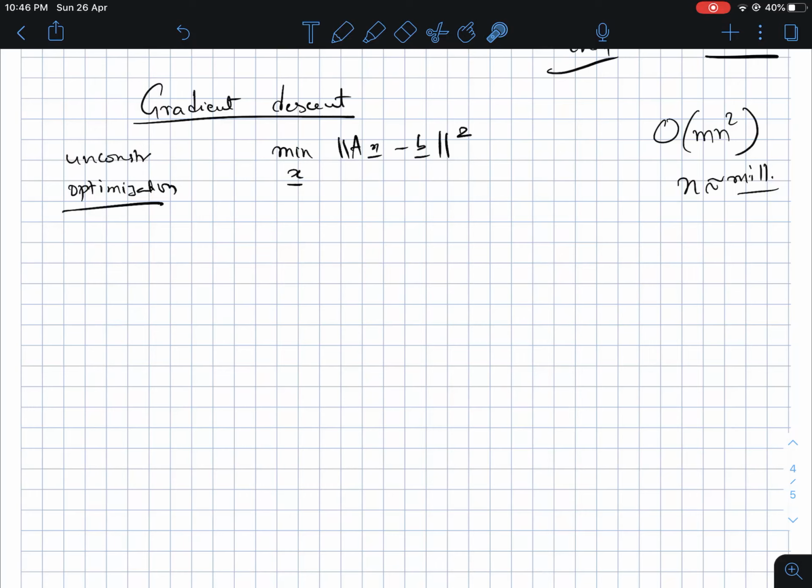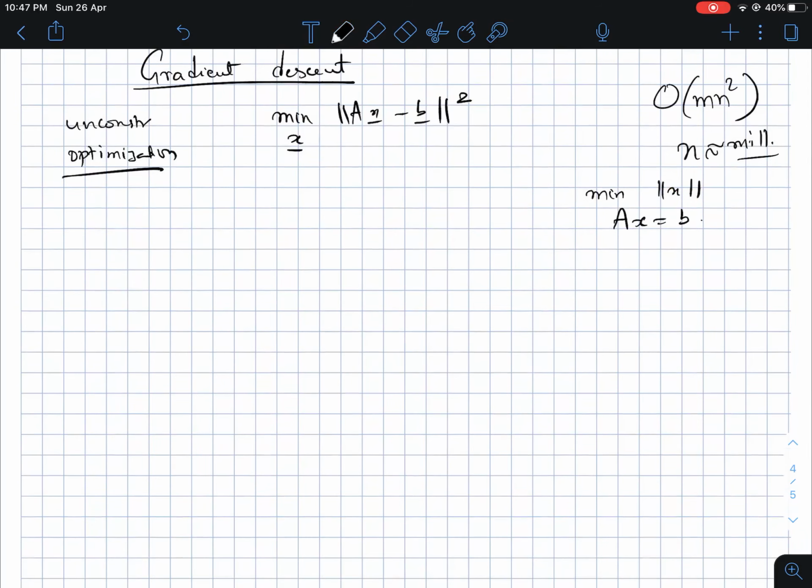Some other problems, for example, if you remember the min norm problem, you have to minimize the norm of x, but you are constraining x in the sense that you're allowing your variable to be only those that satisfy this equation. Only among those I want to find the smallest. That's a constrained problem. Here it's an unconstrained problem. So gradient descent can apply potentially to any unconstrained optimization problem.